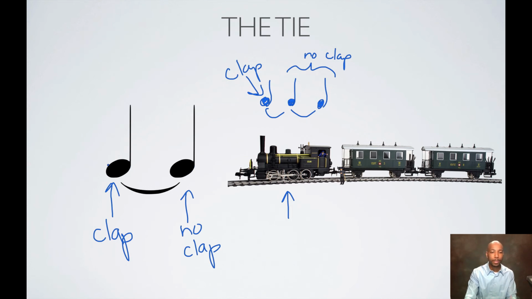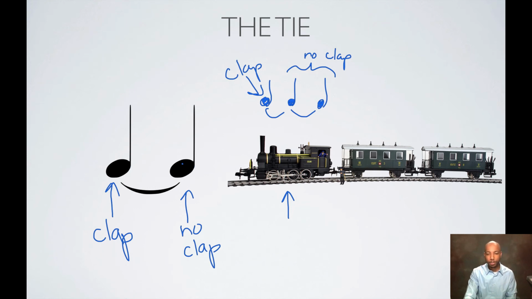Ties are really useful, and you'll see in later lessons how useful they can be in notating a lot of complex rhythms. When we're clapping a tie, we clap this one, hold for 1 beat, and then we hold this note for 1 beat, but we do not clap it. So the tie essentially gets rid of the clapping for whatever note is tied to another note.